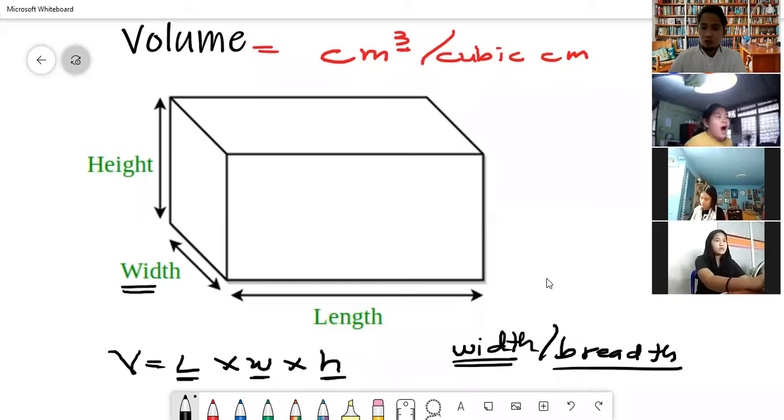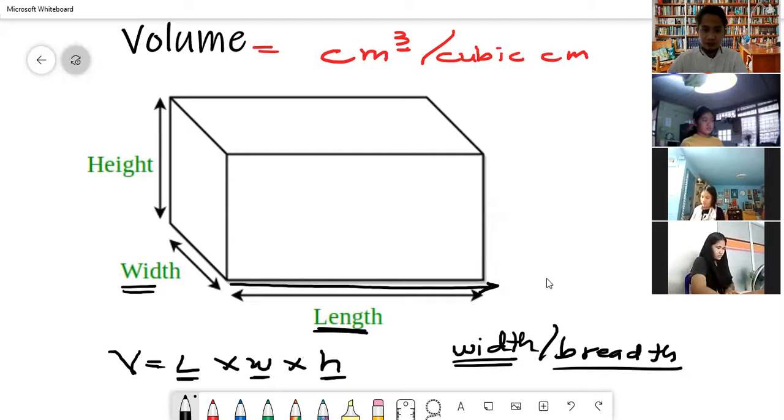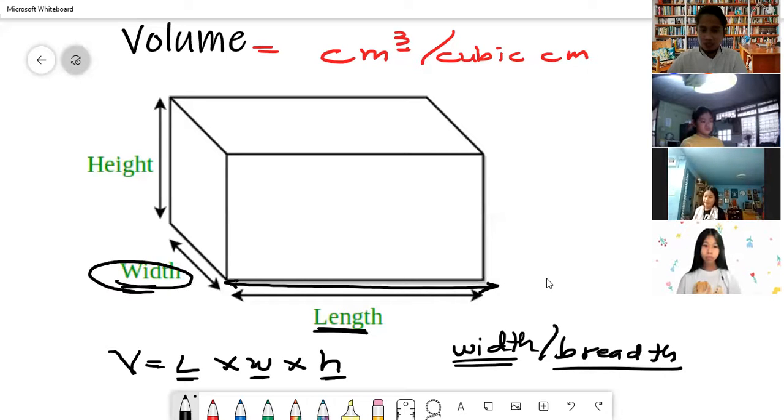Now we can see here the length. So this is the length here. This is the width. And the height. Now, to find that one, it should be length times width times height.